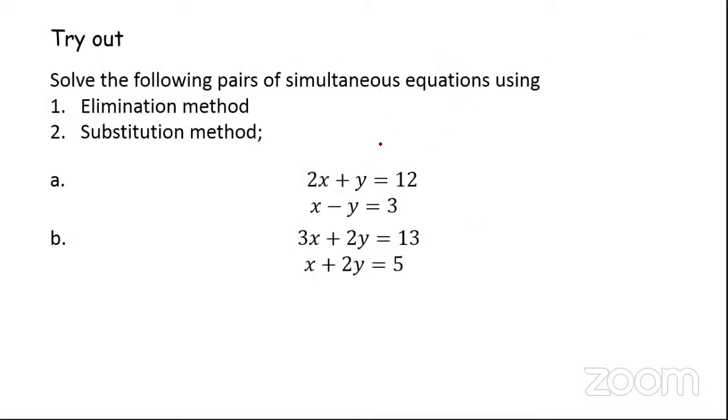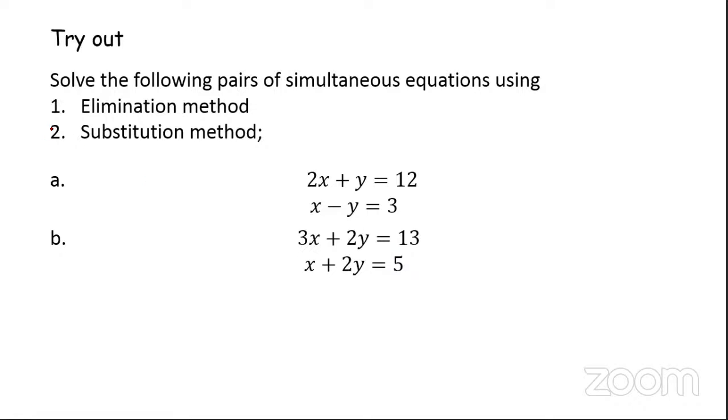So there are these two equations here. You solve them first using elimination method, and then second using substitution method. So you say number 1, part A, you use elimination, part B, you use elimination.